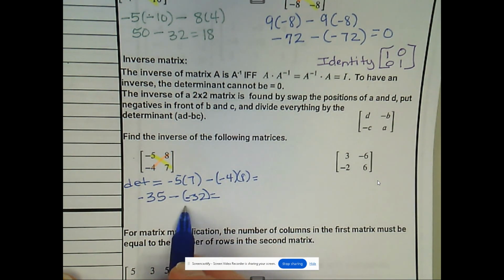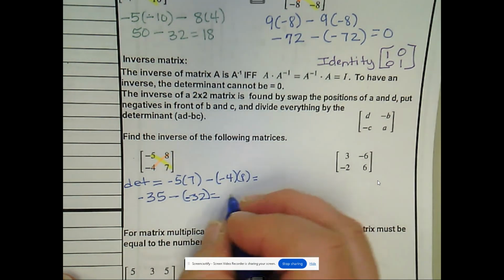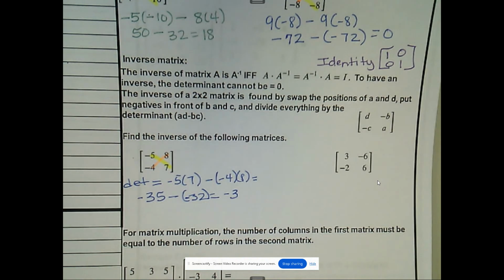You don't minus the negative, you plus the positive. -35 plus 32 is -3. Okay, so I've got my determinant. Now let's do the rest.